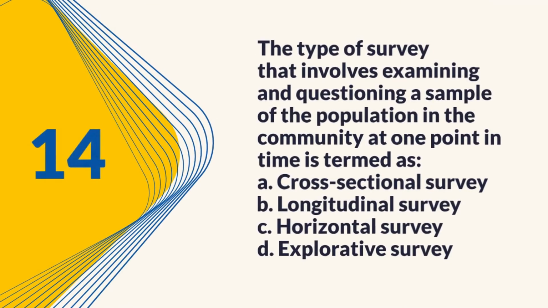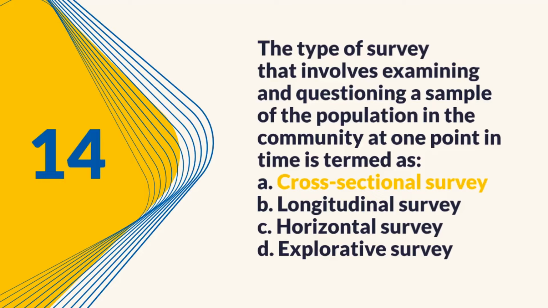14. The type of survey that involves examining and questioning a sample of the population in the community at one point in time is termed as A, cross-sectional survey, B, longitudinal survey, C, horizontal survey, D, explorative survey. Answer is A, cross-sectional survey. Wondering why? I get you.